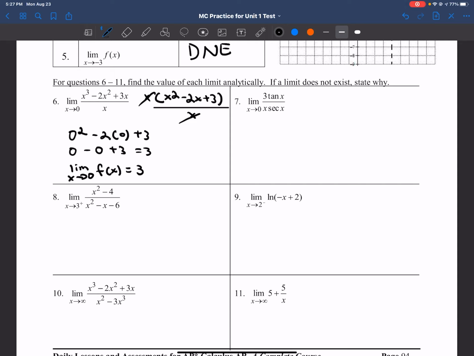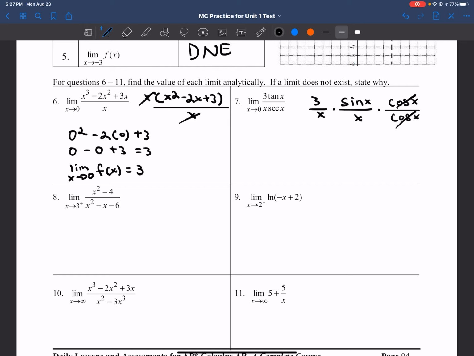For number 7, you will need to separate it out and factor tangent. So this will become 3 over x times sine x over x, and also cosine of x over cosine of x.